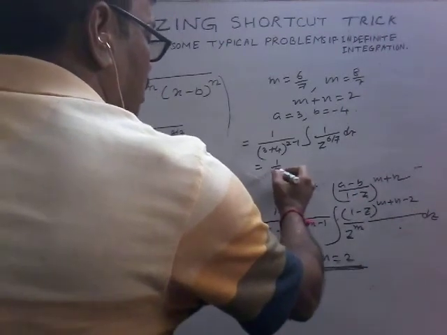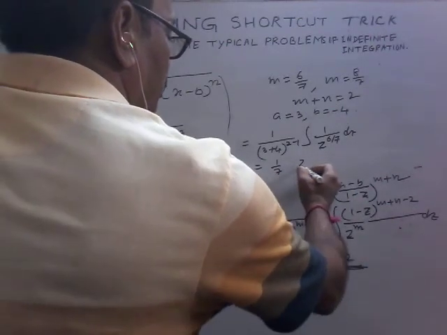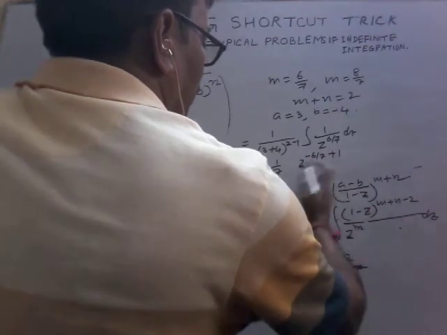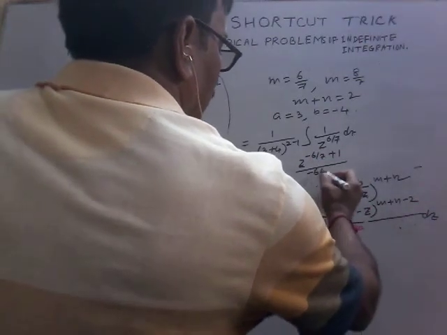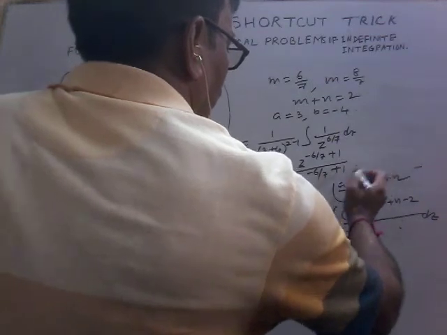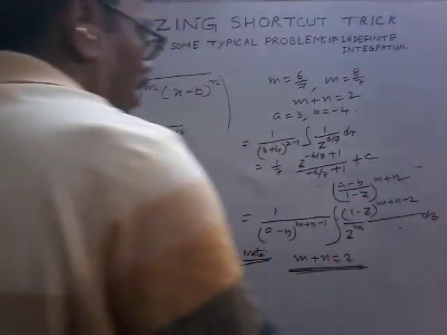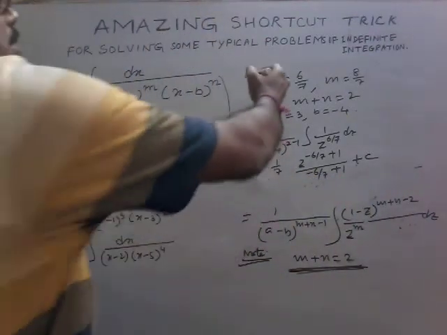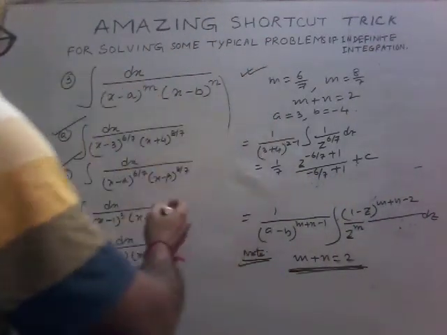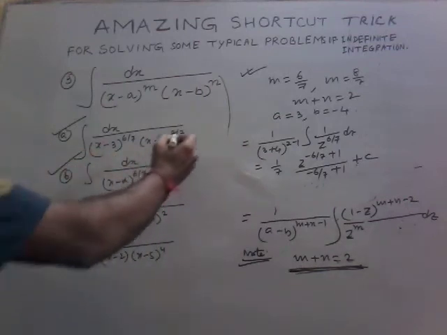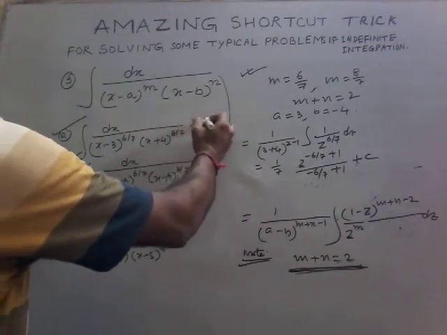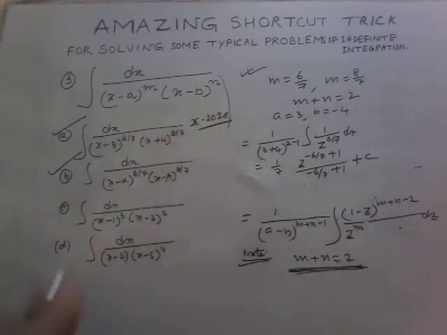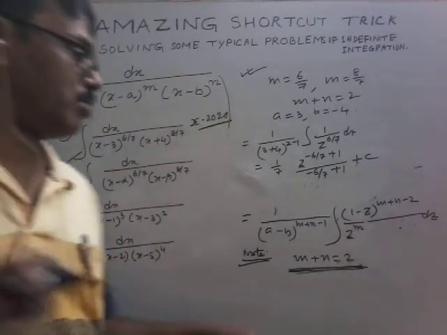So 1 by 7 times z to the power (minus 6 by 7 plus 1) divided by (minus 6 by 7 plus 1) plus c. Now look, if m plus n equals 2, then this is very simple. So this is a problem of JEE 2020.